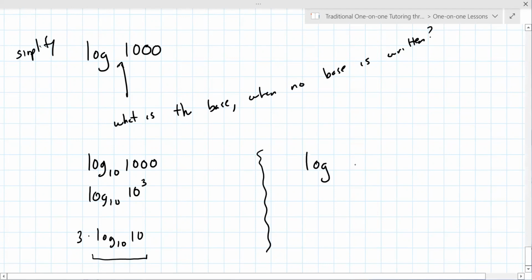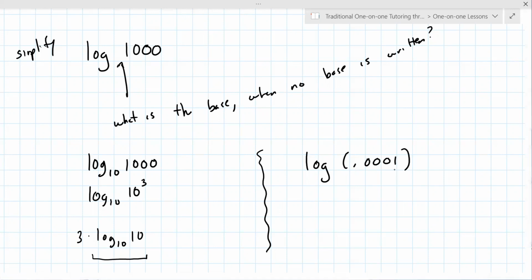Now here's another one you might see. Log of 0.0001, excuse me. And no calculator. So you have to remember how to write that as a fraction or as a power of 10, or both. Let me know if you need help with that.